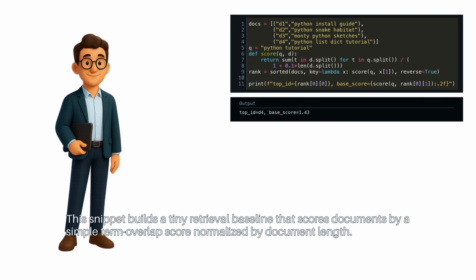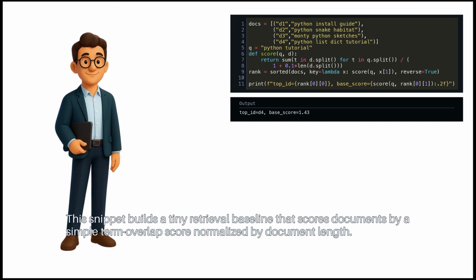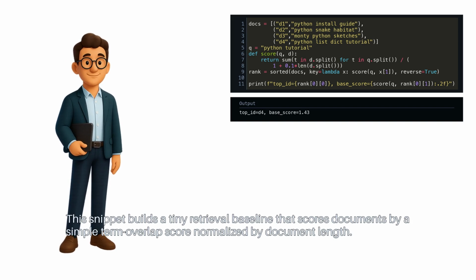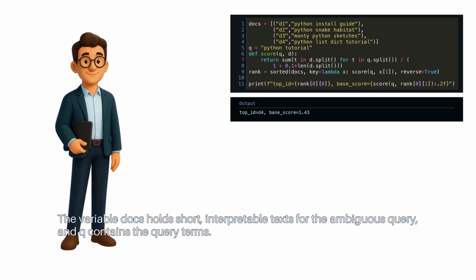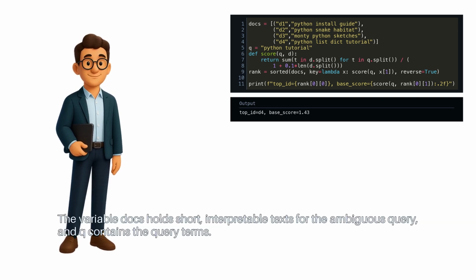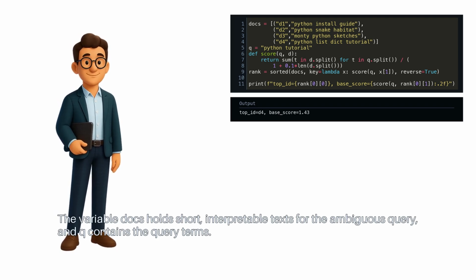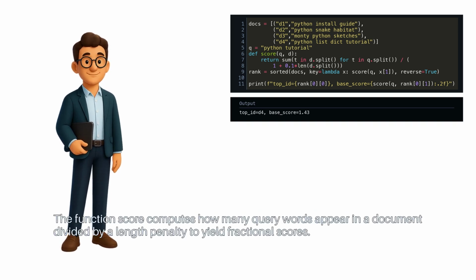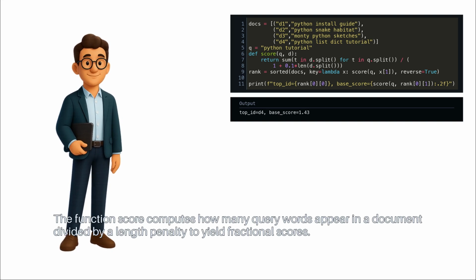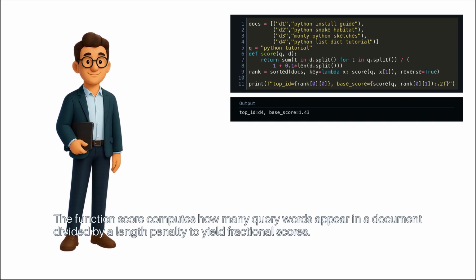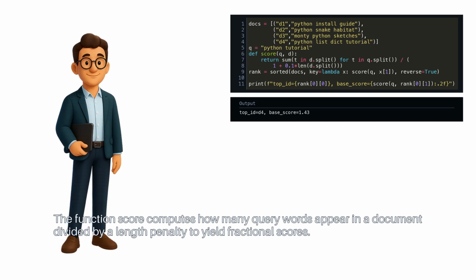This snippet builds a tiny retrieval baseline that scores documents by a simple term overlap score, normalized by document length. The variable docs holds short, interpretable texts for the ambiguous query, and Q contains the query terms. The function score computes how many query words appear in a document divided by a length penalty to yield fractional scores.